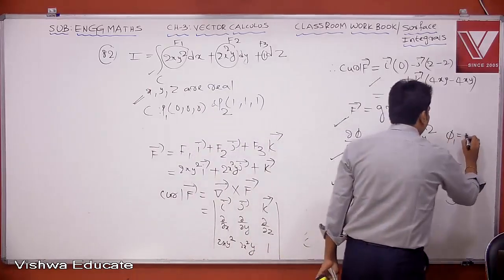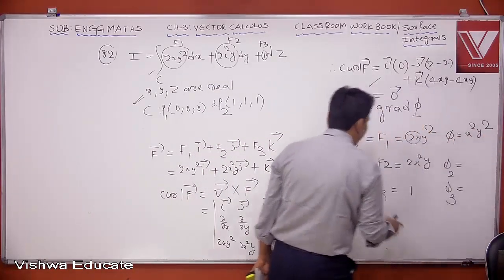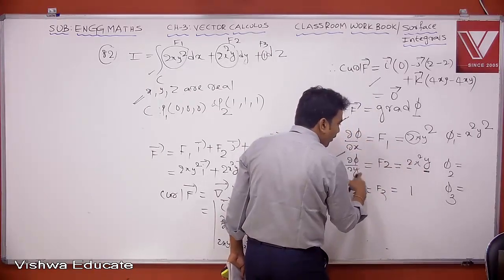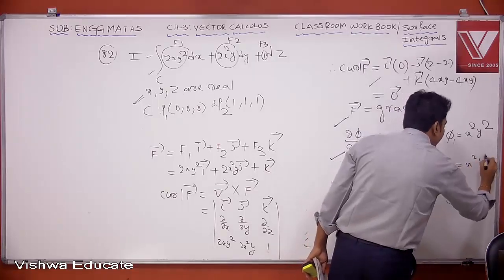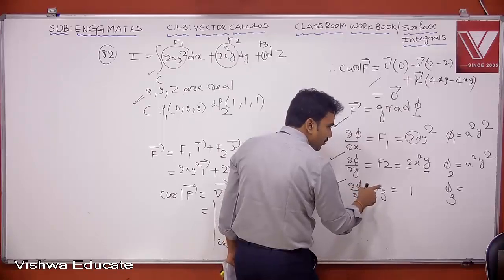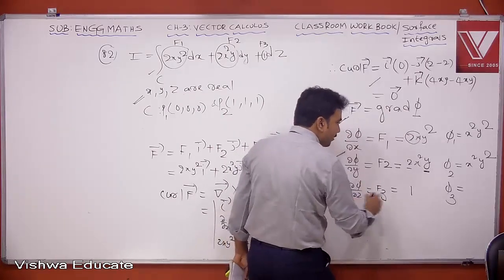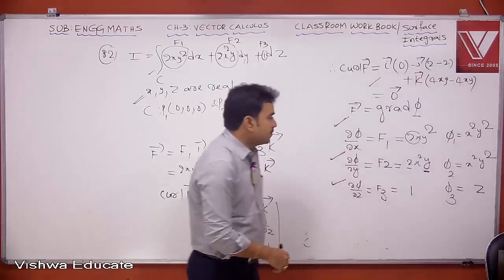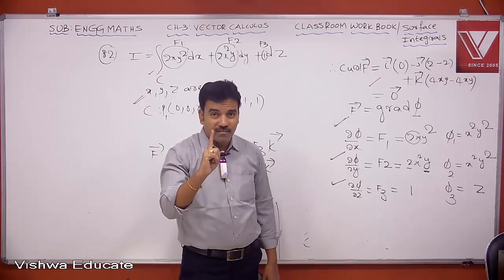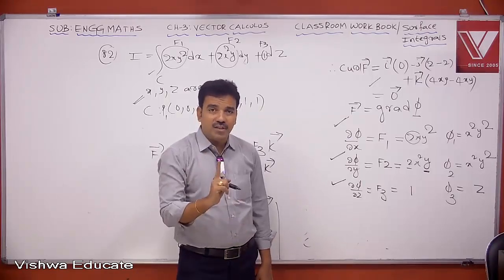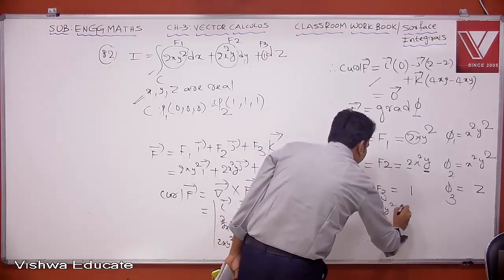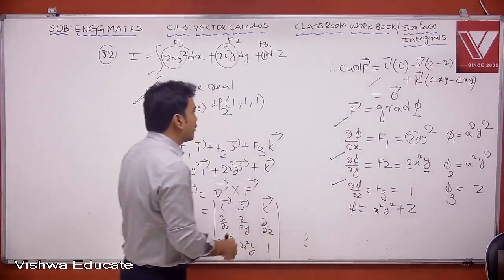Therefore this will be x square y square. Here also dou phi by dou y has the 2y term. The integral of 2y with respect to y is y square, but the x square term is there. So this is x square y square. Now dou phi by dou z is 1, so phi 3 becomes z only, because when you integrate 1 with respect to z, you get z. When you look at this, phi 1 and phi 2 are repeated. When a term repeats multiple times, you consider it only one time. Therefore, the value of phi is x square y square plus z. This is the phi value in terms of x, y, z.